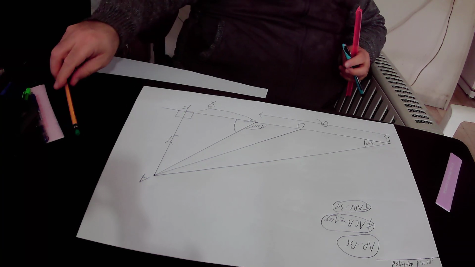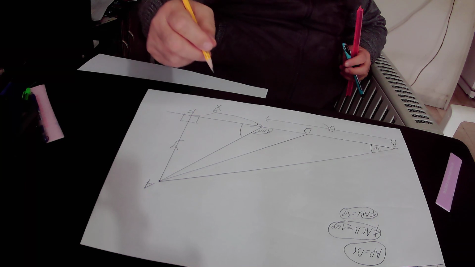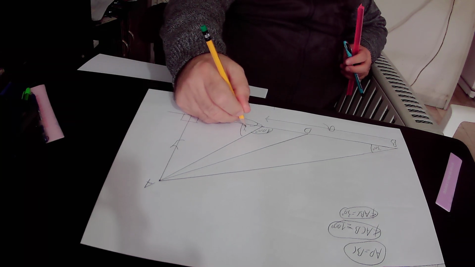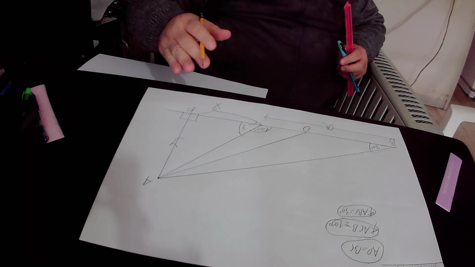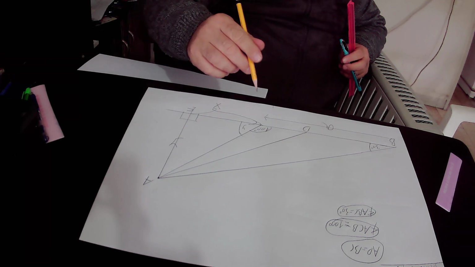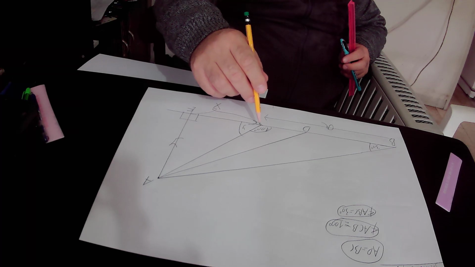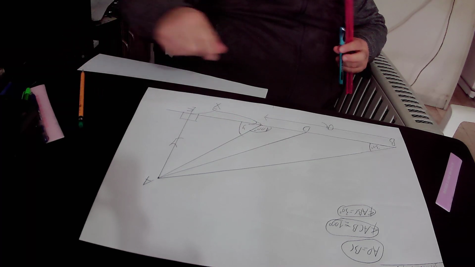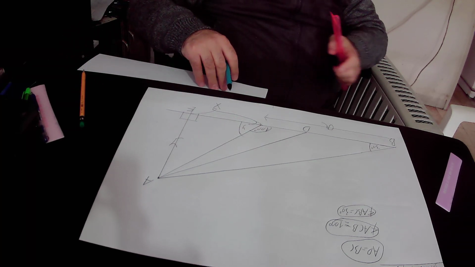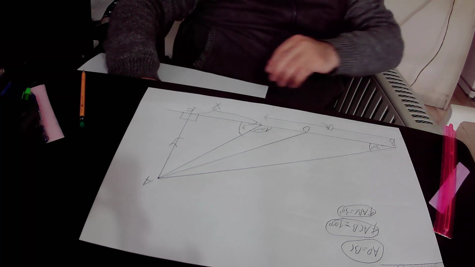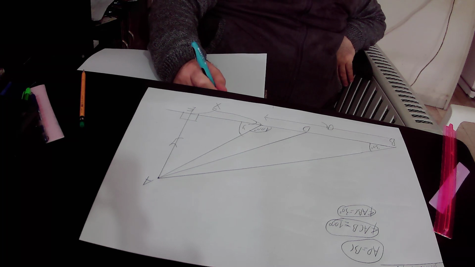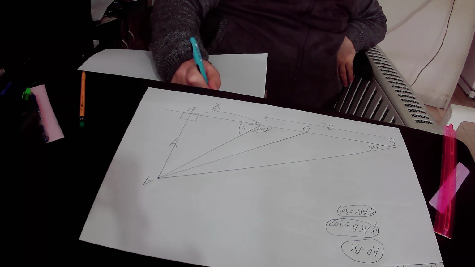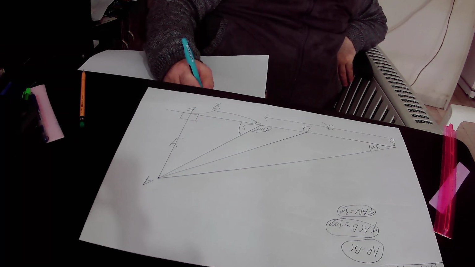So if we define this angle ACE as Y, then if we focus on the upper side of the straight line BE, at point C, the sum of the angles must be equal to 180 degrees. That is to say, 100 degrees plus the size of angle Y must be equal to 180 degrees.